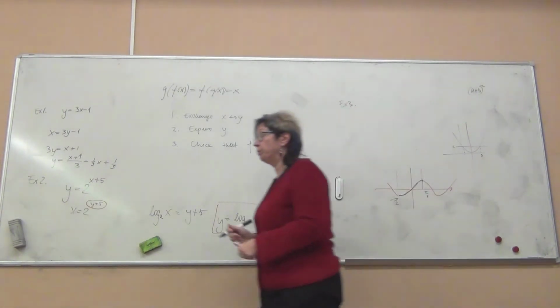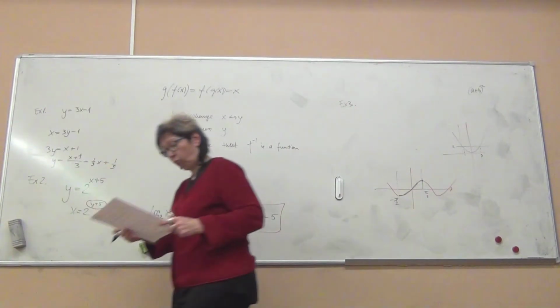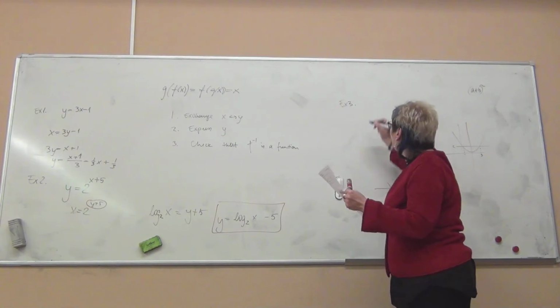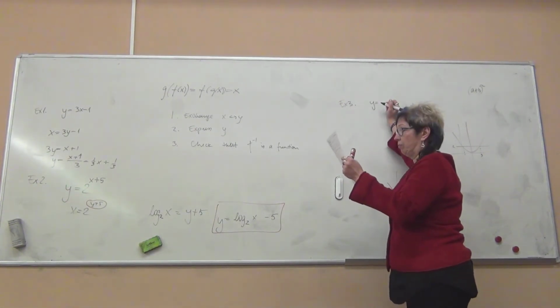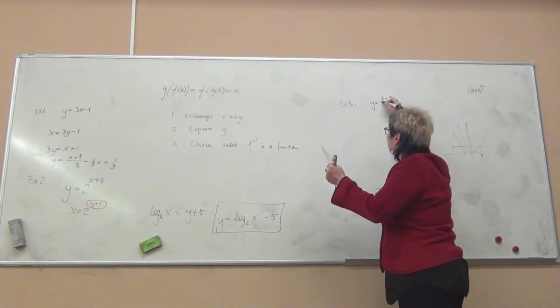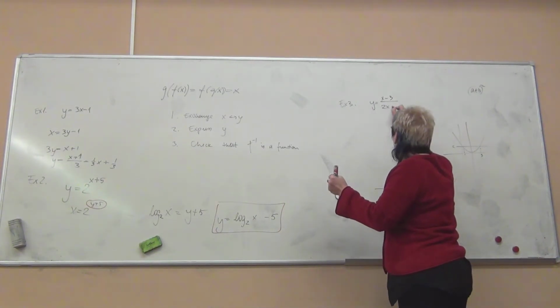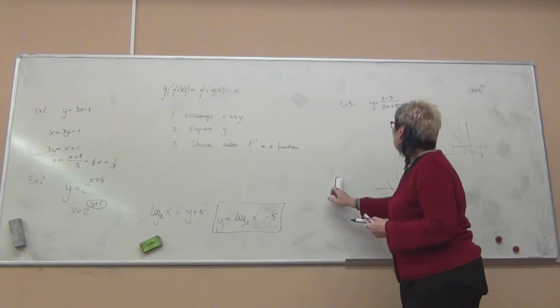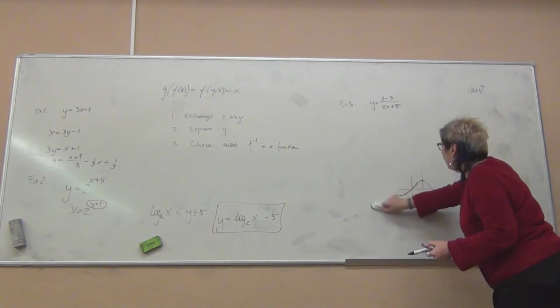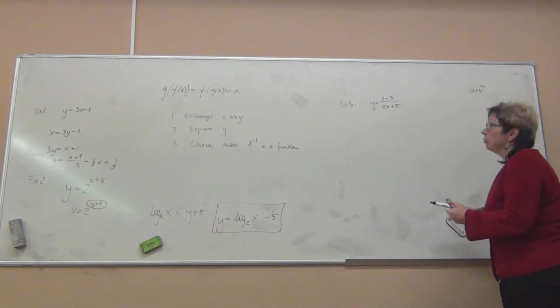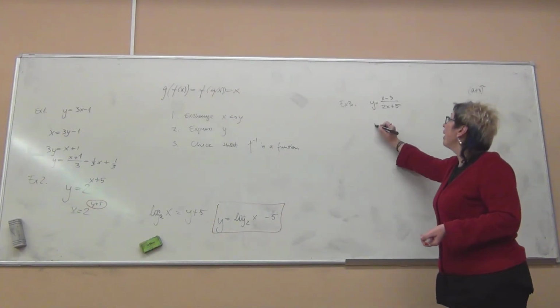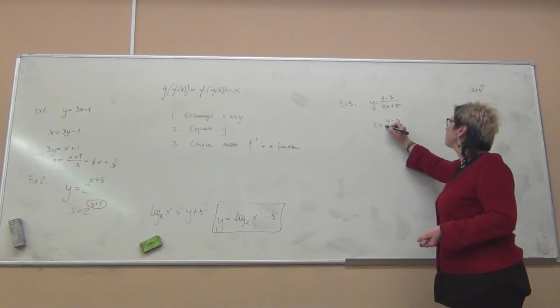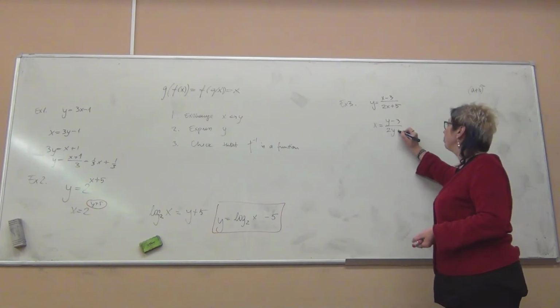Third example. Oh, this is nice. I like this. y equals x minus 3 over 2x plus 5. So to deal with this, of course, we need to exchange x and y. x equals y minus 3 over 2y plus 5.